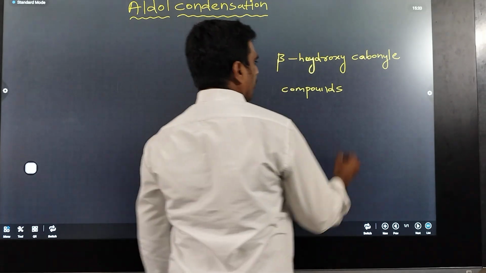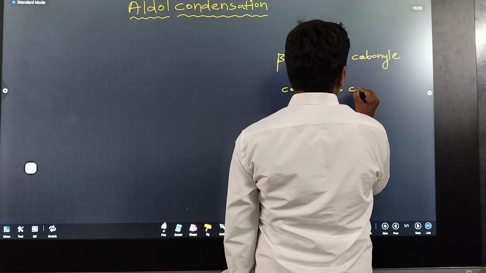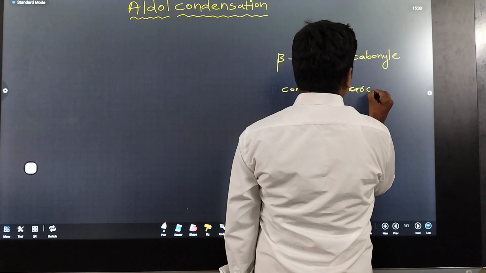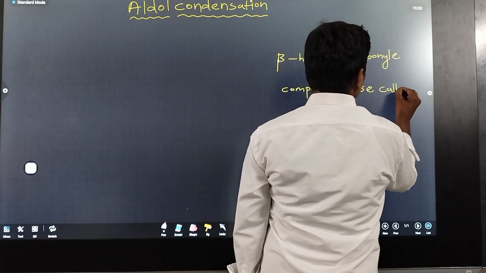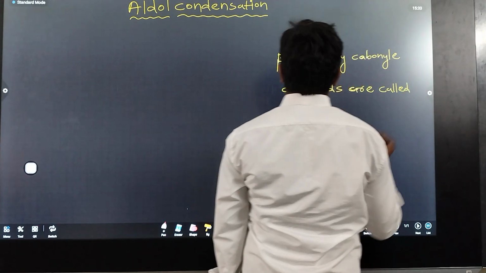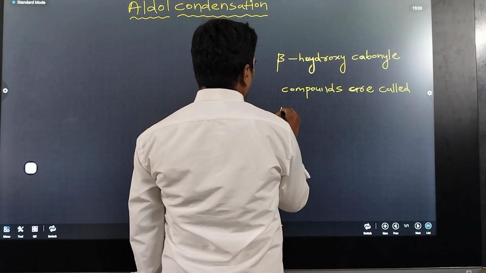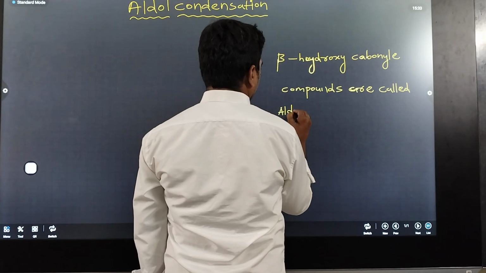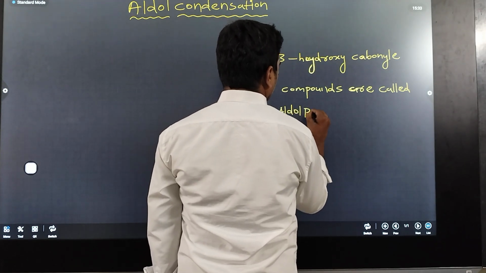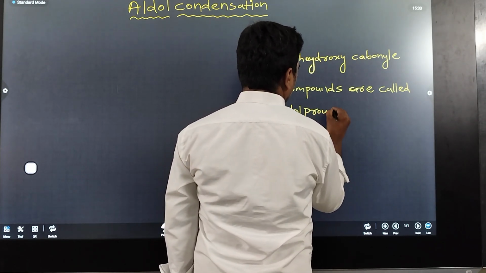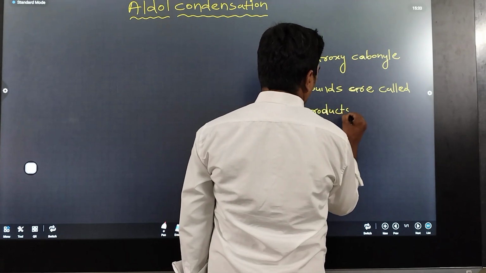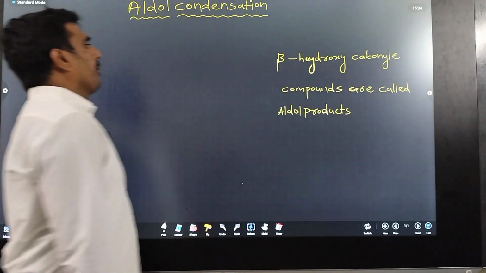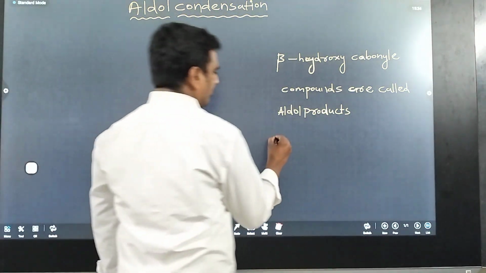Beta hydroxy carbonyl compounds are called aldol products.